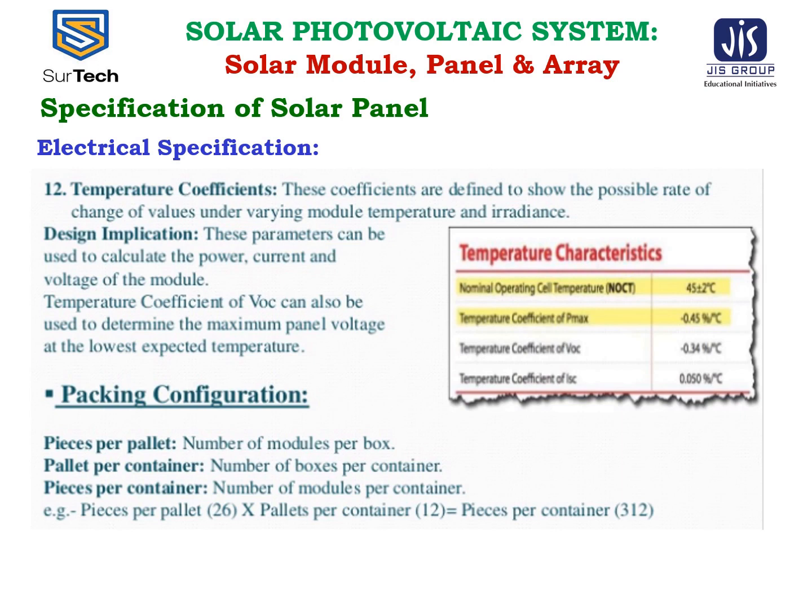The temperature coefficient of the short circuit current is 0.050% per degree centigrade. These parameters can be used to calculate the power, current, and voltage of the module. The temperature coefficient of VOC can also be used to determine the maximum panel voltage at the lowest expected temperature.